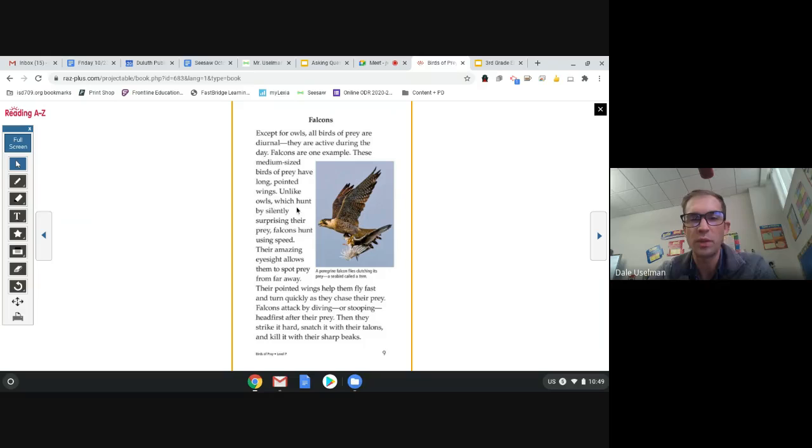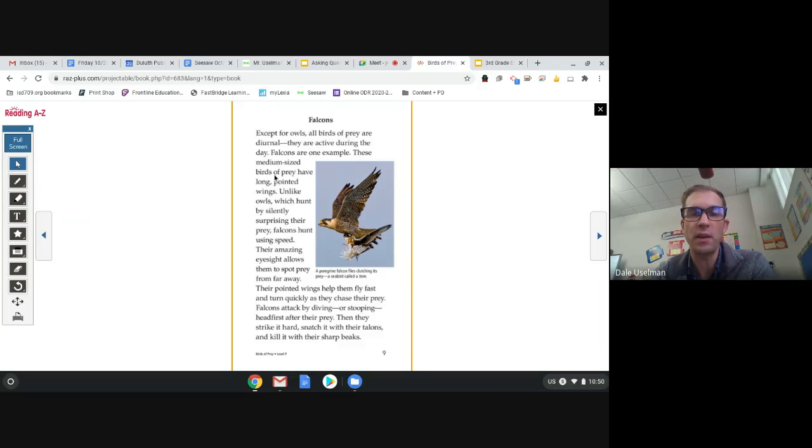Unlike owls, which hunt by silently surprising their prey, falcons hunt using speed. I just read about 2 ways that owls and falcons are different. Take a second and see if you can figure that out. Right. So we read that owls hunt by surprising and falcons hunt by speed.